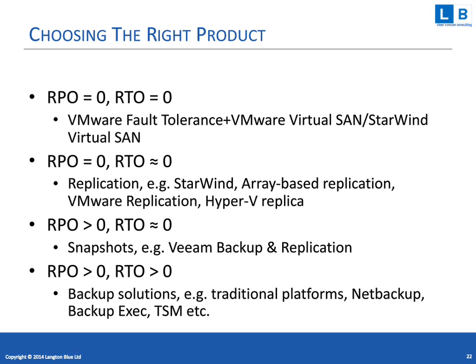Now, assuming our recovery point, we can be a bit behind in our data, but we want the data back fairly quickly, then technology like snapshots would be great for that. So Veeam's backup and replication would be a good example there. And finally, if time is less of an issue for recovery, and we're not too worried about how far back in the past we need to go, we could look at more traditional solutions.